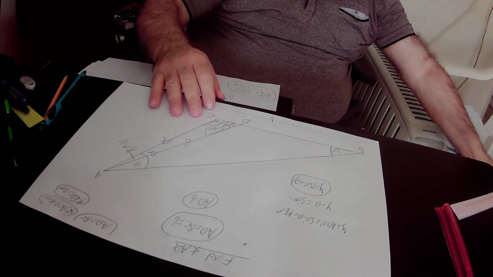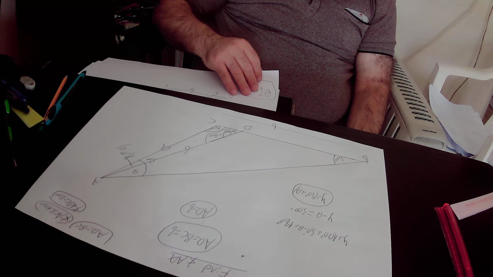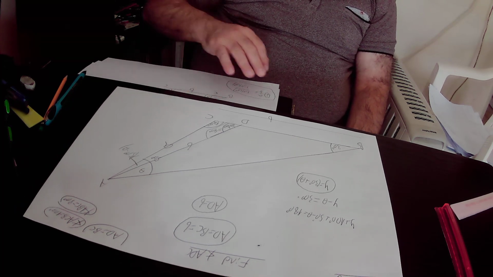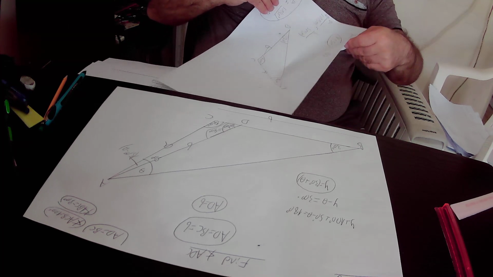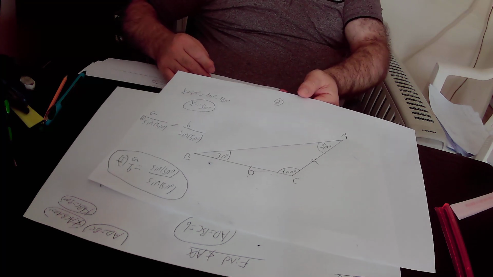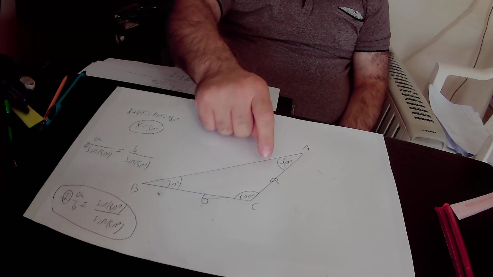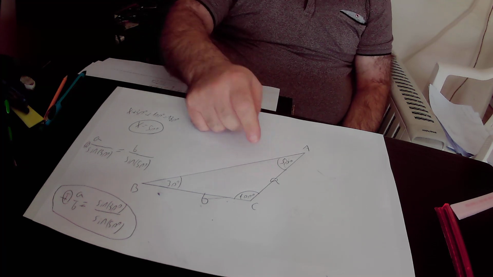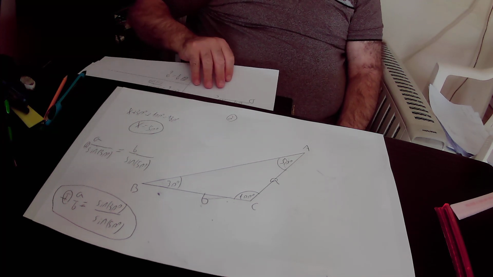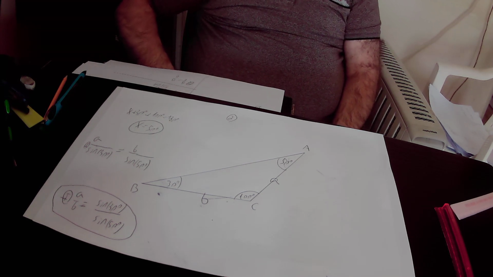Then we implemented the law of sines in triangle ABC. In triangle ABC, we know that angle ACD equals 100 degrees, angle ABC equals 30 degrees, and we also know that the sum of the angles in any triangle is equal to 180 degrees.